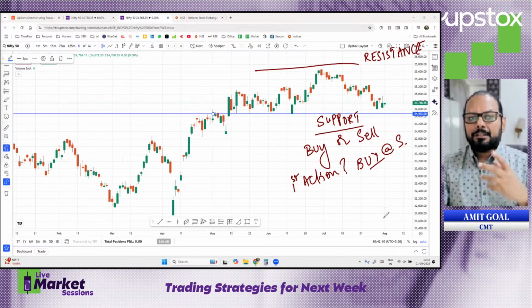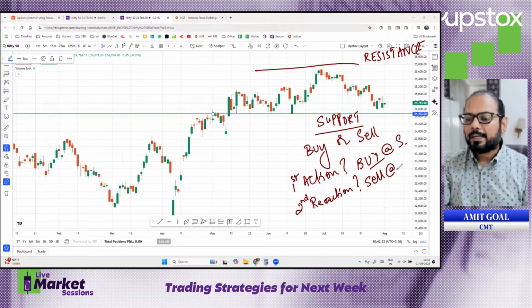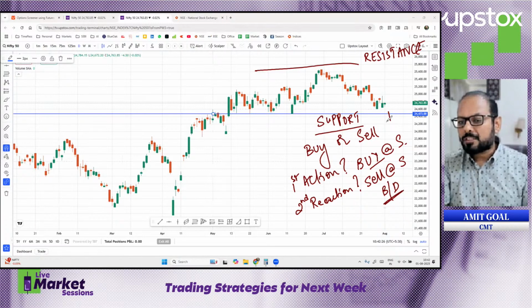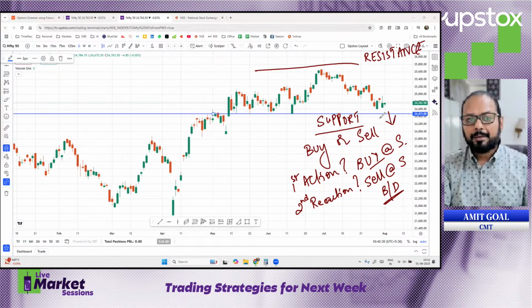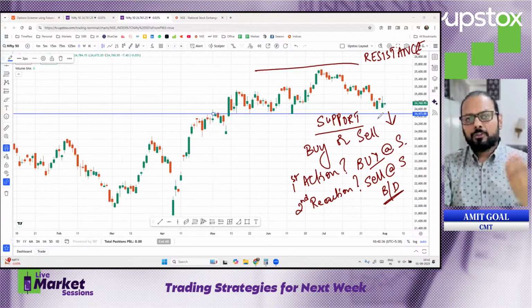Now, if that gets negated, your secondary action or your reaction should be to sell at support's break down. Suppose this breaks down, only then you will say, okay, support break hua hai, breakout aaya hai, or from that range it has broken out, and I will follow the trend.